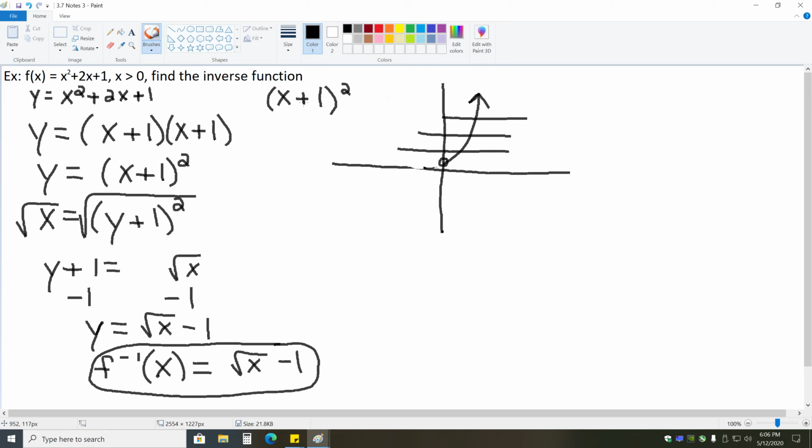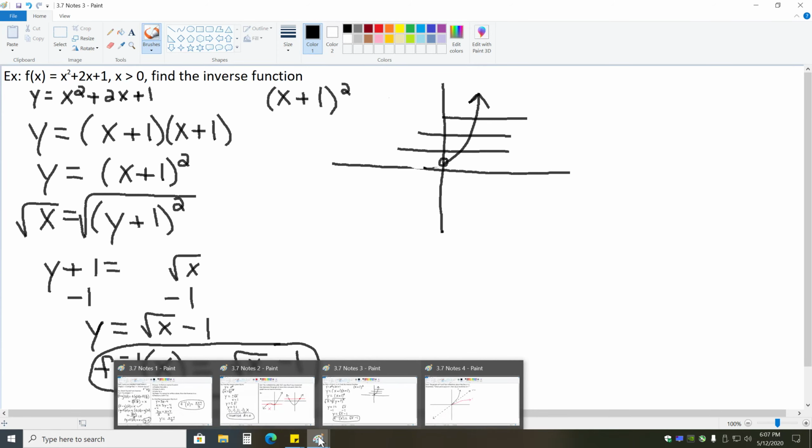And remember, this just represents a horizontal shift to the left of a parabola, which is how I got that general shape we had of that U. Okay, so this is one of the more complicated types of inverse problems we would end up dealing with. In general, it's usually just linear functions that you would worry about when you're dealing with inverse functions at this level.